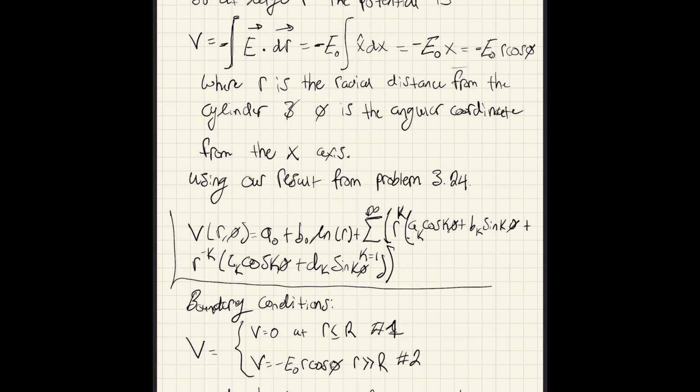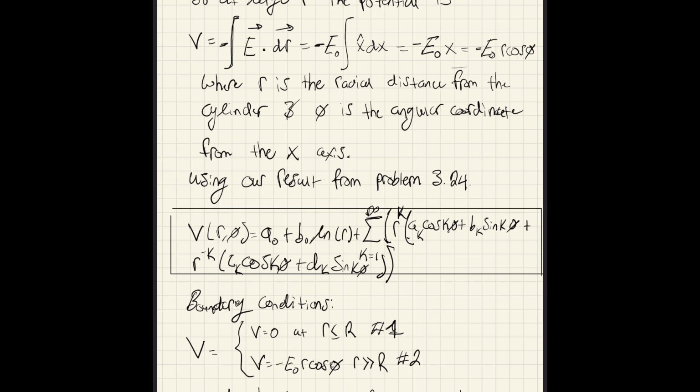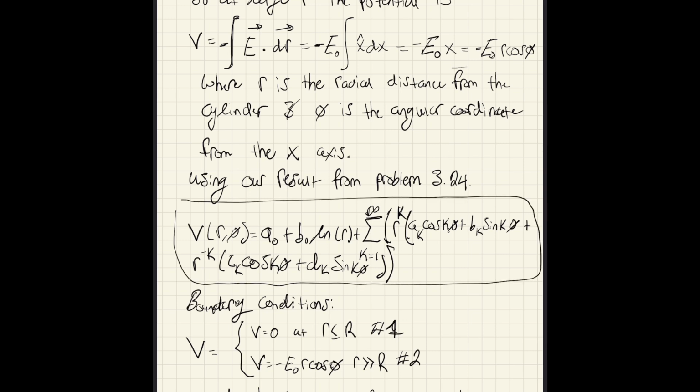This equation is the general solution to solving Laplace's equation in cylindrical coordinates, assuming that we have azimuthal symmetry, so there's no dependence on the z coordinate. So this is what we found in the previous problem.